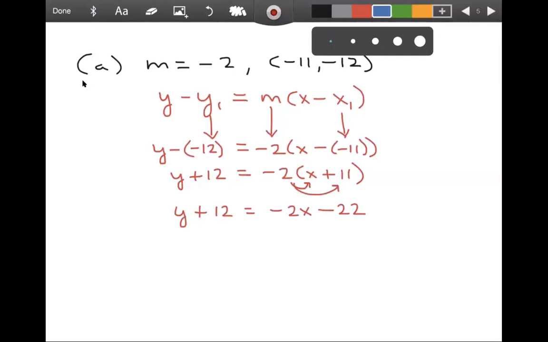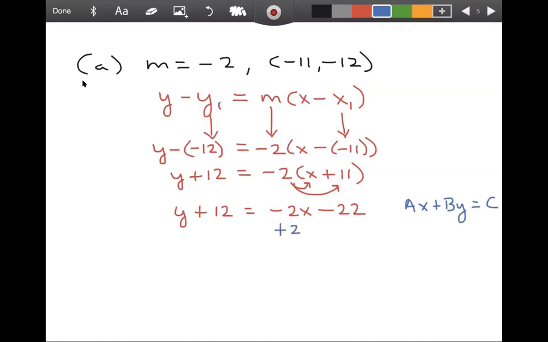standard form, which is ax plus by equals c. All right, so that means x and y on the same side of the equation and just a number on the other side. So there's more than one way to do that. I think what I'll do is add 2x to both sides, so we get the x and the y on the left side.